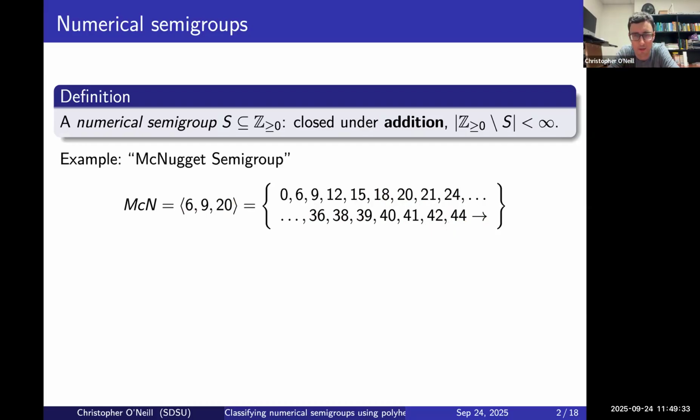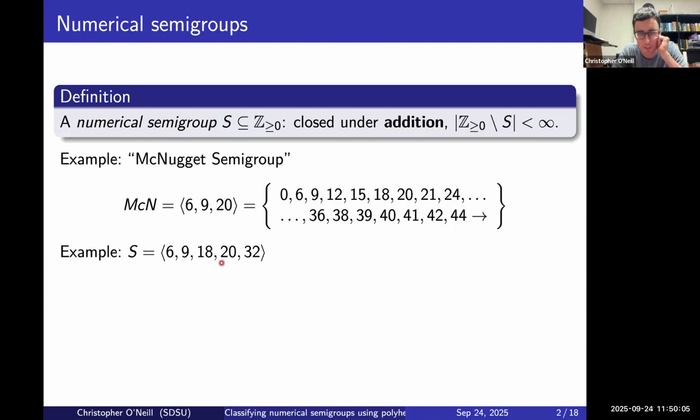It's known as the McNugget semigroup because for a long time, McDonald's sold chicken nuggets in packs of 6, 9, and 20. So an integer lies in this semigroup if you can buy exactly that many chicken nuggets using those pack sizes, right? So for instance, if you walked into McDonald's craving exactly 43 chicken nuggets, you're out of luck. There's no way to perfectly satiate your appetite with those pack sizes. But if you were craving 44, 45, or anything higher, there's some combination of packs that will get you exactly that number of McNuggets.